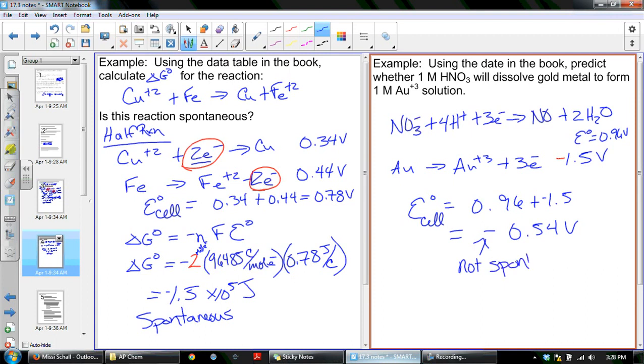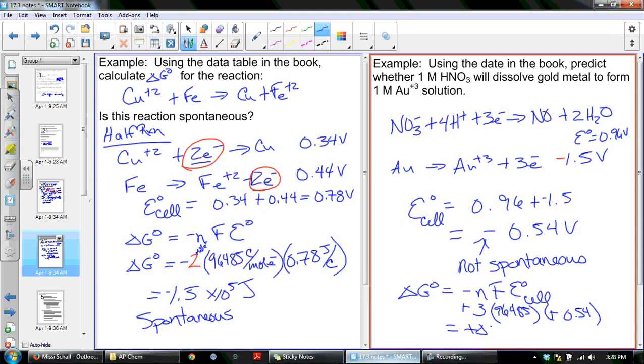And if you were to feed this into the equation ΔG0 equals negative nFE cell, you would have 3 electrons, Faraday's constant, and then this negative 0.54 volts. These negatives would cancel out, giving us a positive ΔG, meaning that it is not spontaneous. So there are 2 different ways that you can prove that it's not spontaneous.